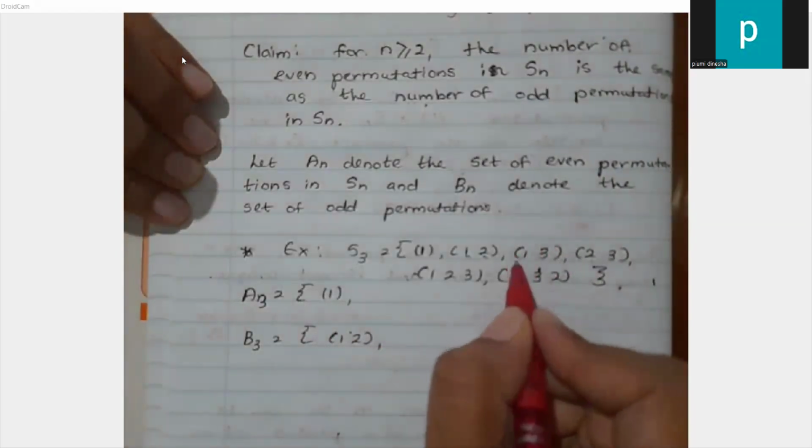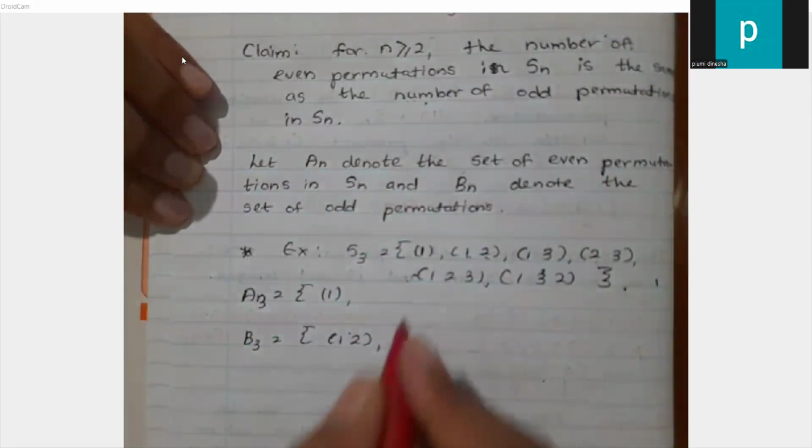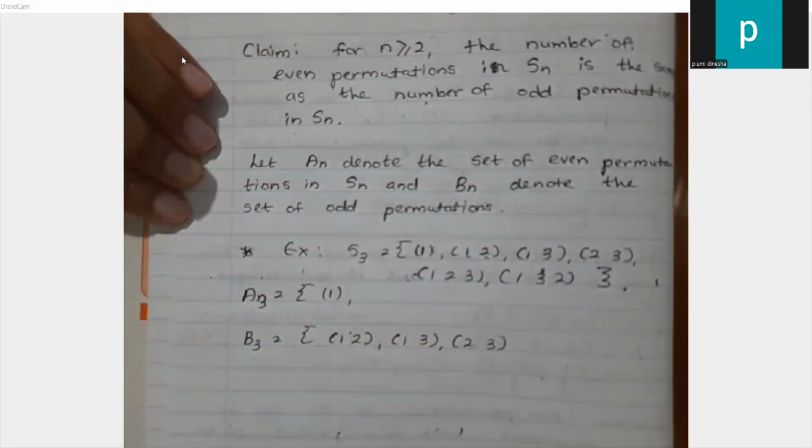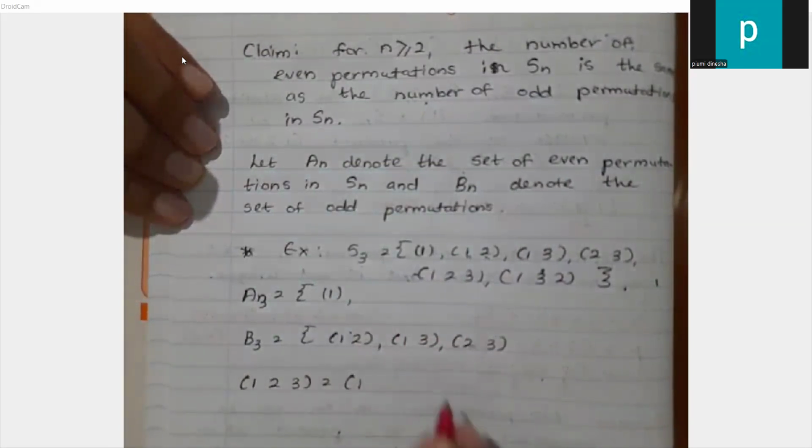If you go to the permutation (1 3), it's already given as a 2-cycle. So once again (1 3). Then what else? (2 3). What about (1 2 3)? You can write it as a product of transpositions using that rule that we saw earlier.